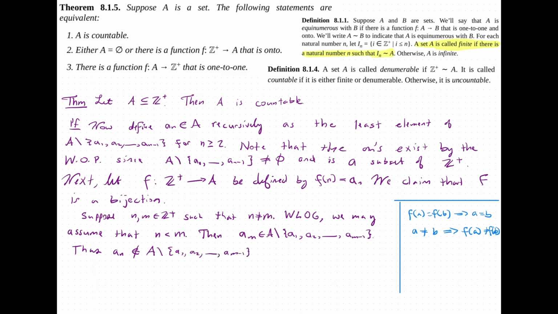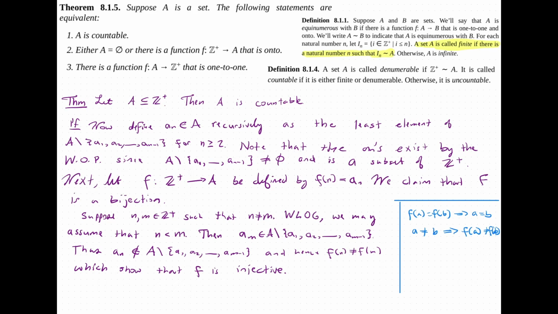And so we have that a sub n is not in here, and hence f of n is not equal to f of m, which shows that f is injective, that is 1-to-1. And so we have injectivity. So now we're going to go ahead and show that f is surjective.